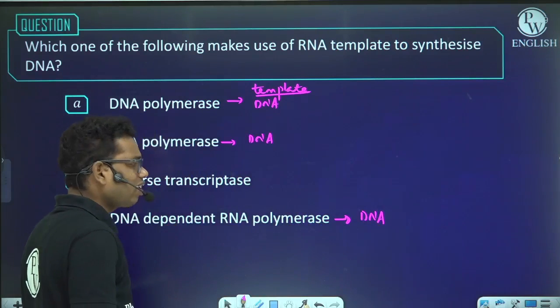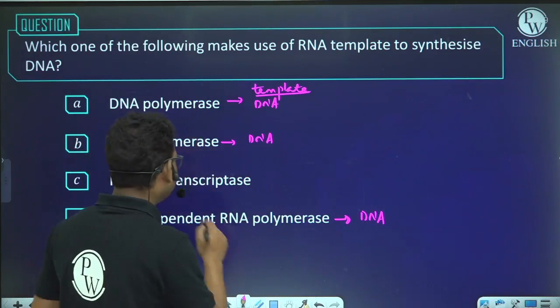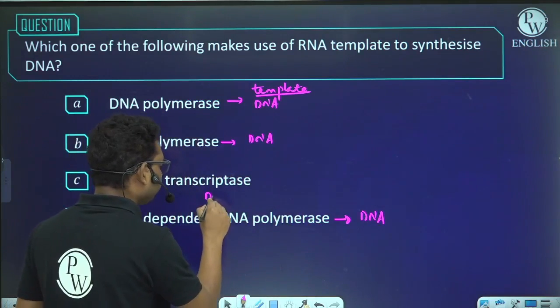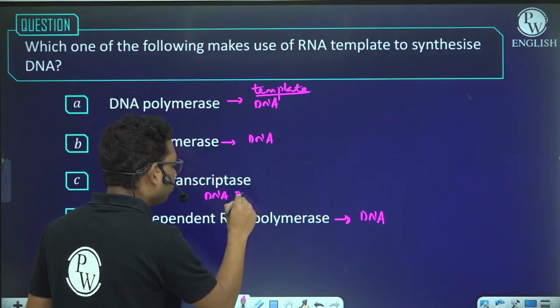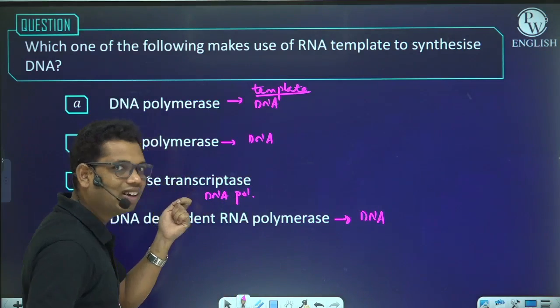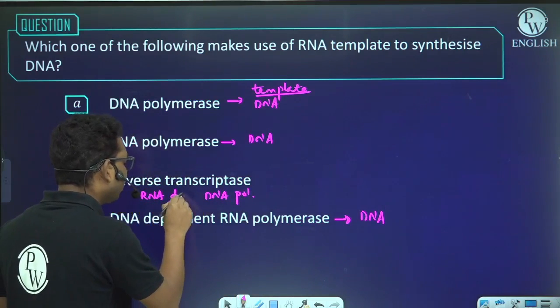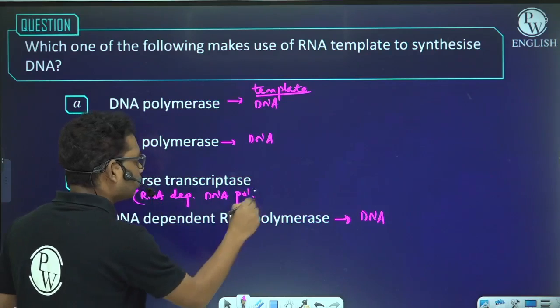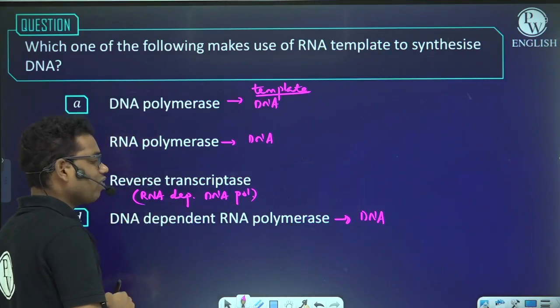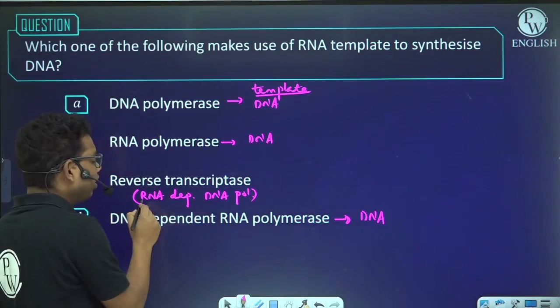What about reverse transcriptase? Reverse transcriptase synthesizes DNA, so it is a DNA polymerase, but it uses RNA as template. So I will call this RNA dependent DNA polymerase. So this reverse transcriptase uses RNA as template.